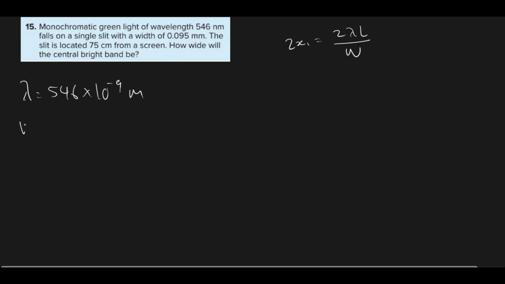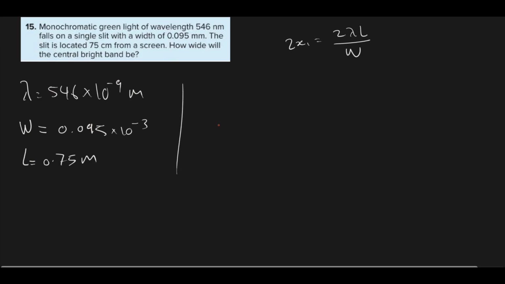So we know that this is the width W, and it's equal to 0.095 times 10 to the power of negative 3 meters. And it is located 75 centimeters from the screen. So L is 0.75 meters. And how wide will the central bright band be? So what we want to solve for is x1.